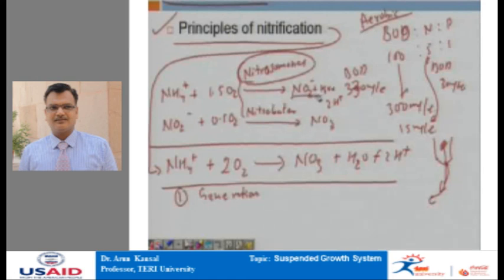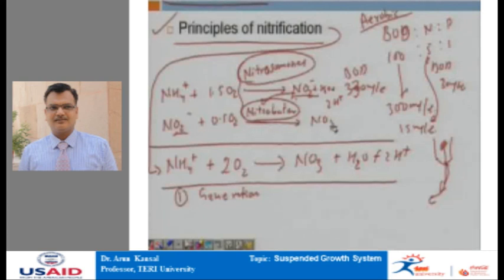Unless sufficient nitrite is produced by the Nitrosomonas as food for Nitrobacter, Nitrobacter will not start growing. So, first Nitrosomonas has to grow to produce sufficient nitrites, and then Nitrobacter can convert nitrites into nitrates. So, it is a two-step process. That is another reason why nitrification is slow as compared to degradation of organic matter.